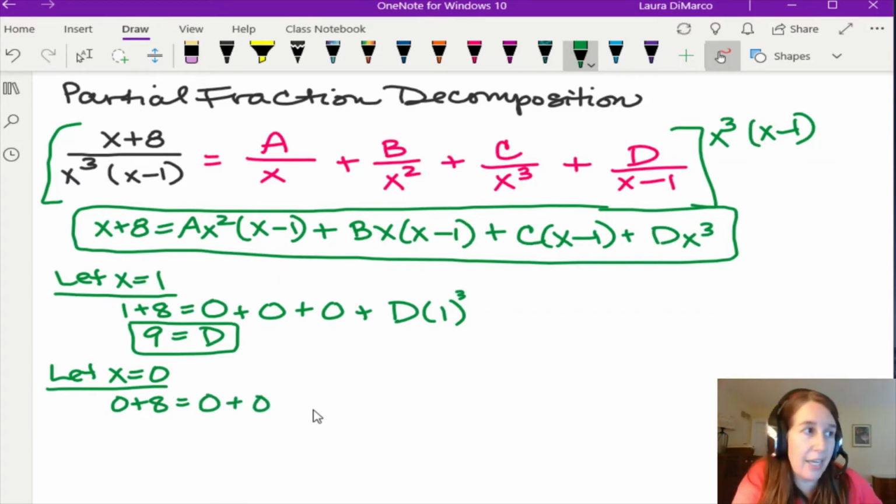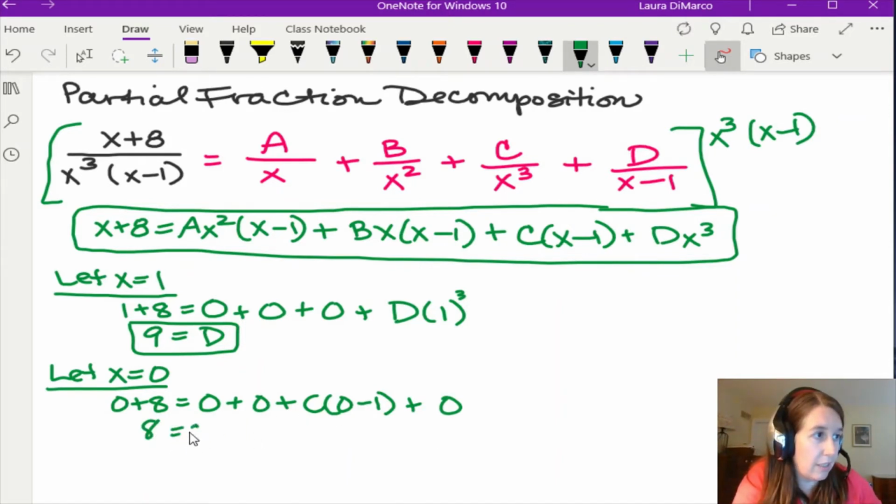But now c is going to be times 0 minus 1. So c is still there. D is times 0, or we actually know d is 9, but that's also times 0. So either way, that's 0. We got 8 is equal to c times negative 1. So c is equal to negative 8.